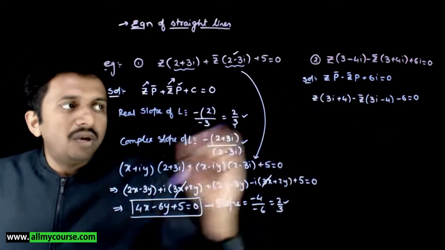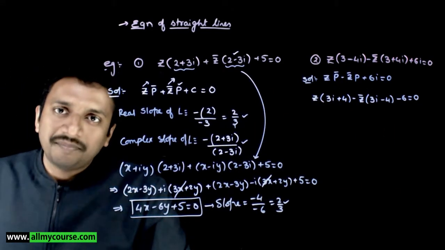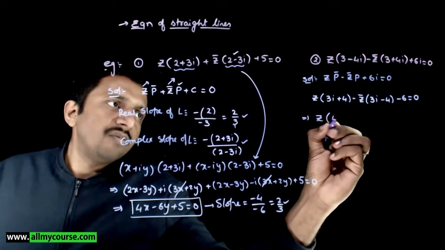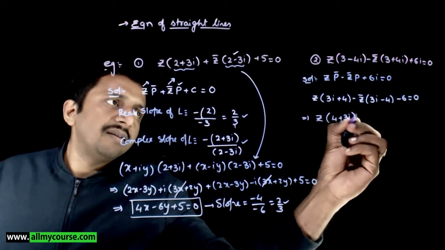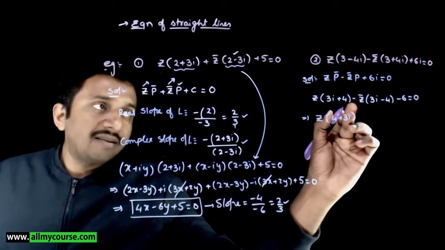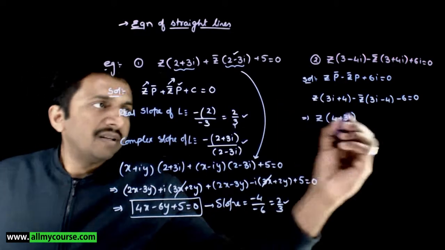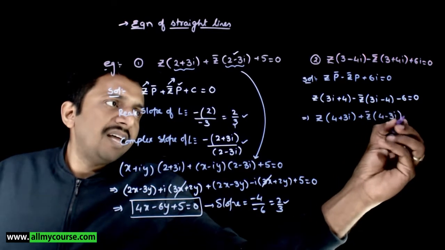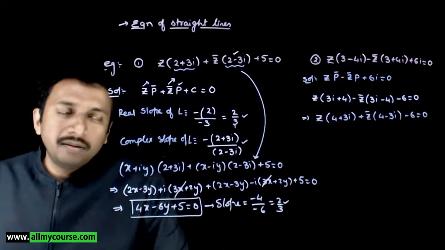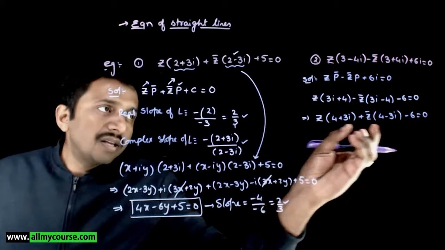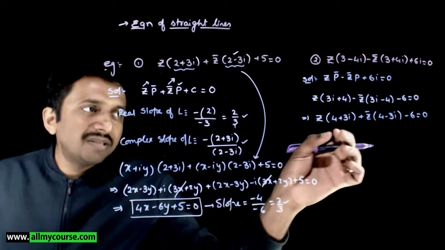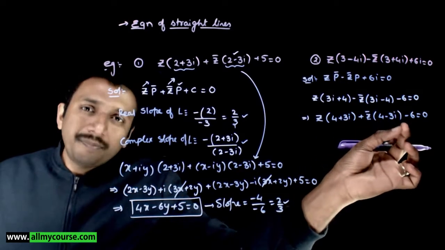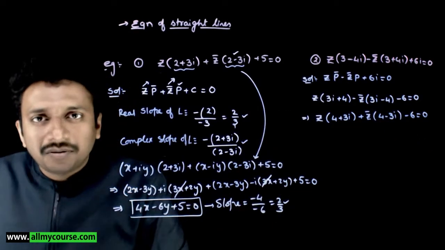I multiplied the whole equation with i. This implies z times (4 + 3i), and this minus, I'll send it inside, plus z bar times (4 − 3i) minus 6 is equal to 0. So now this looks like a standard equation: z times some p bar plus z bar times some p plus some real constant is equal to 0.